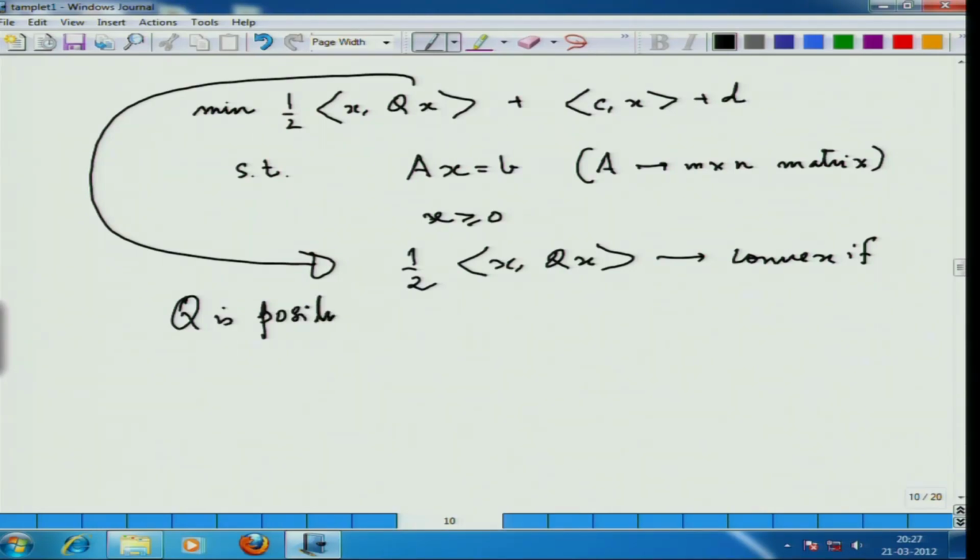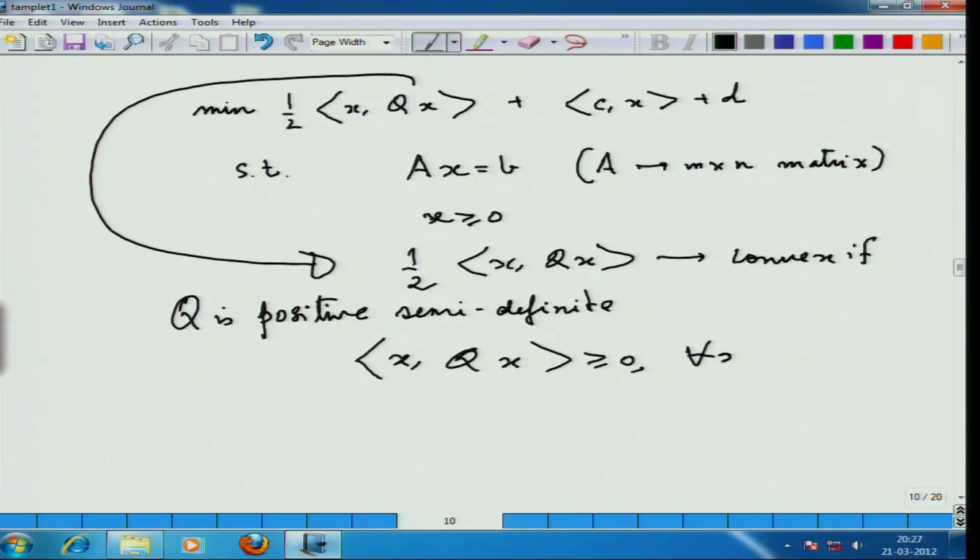Positive semi-definite matrices are true generalizations of non-negative real numbers. That is, if Q satisfies this condition, then this is a convex function.